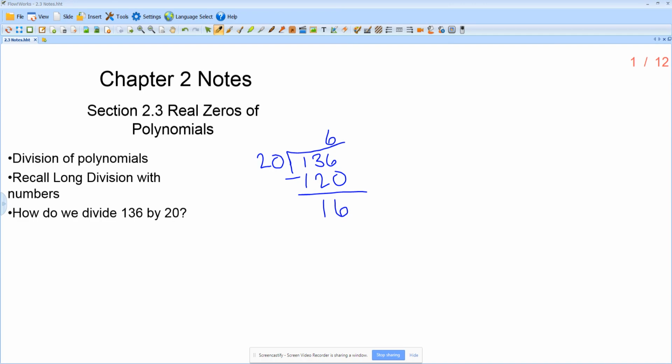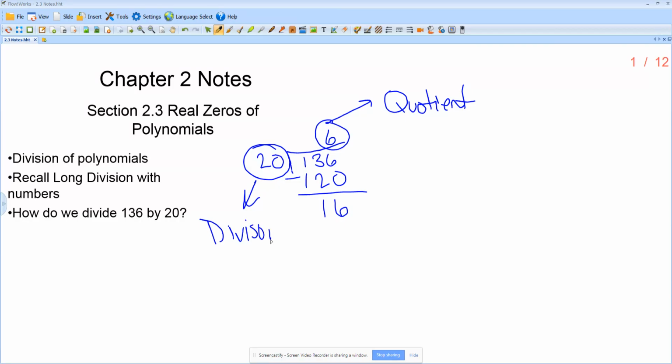Now, looking at this, there's some vocab here that we want to keep in mind. So right here, what we have is our quotient. The 20 is going to be our divisor. It's the thing that we are dividing by. The 136, the thing that we are actually dividing, is called our dividend.